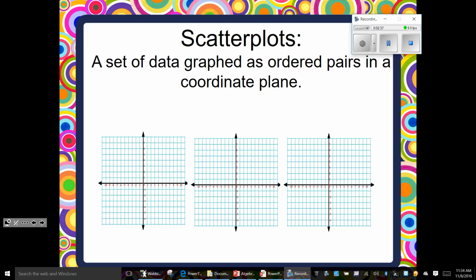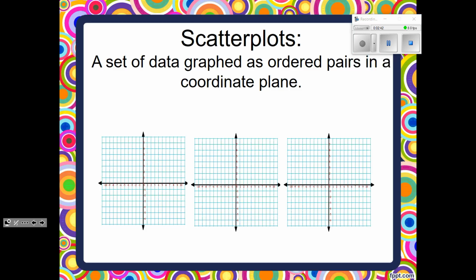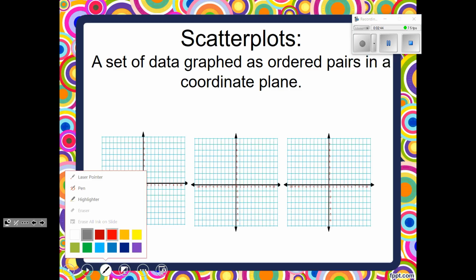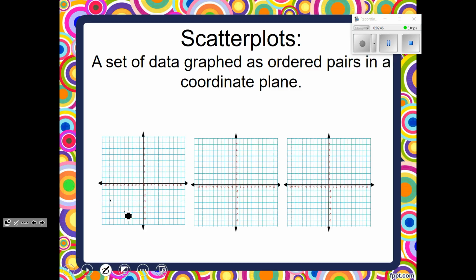No. That's because there's a lot of variables to consider when you're doing real world situations. So you might have something that looks like this if you graphed. It's going to kind of be all over the place, but there will sometimes be a certain trend that goes with it. So we would draw a line of best fit.